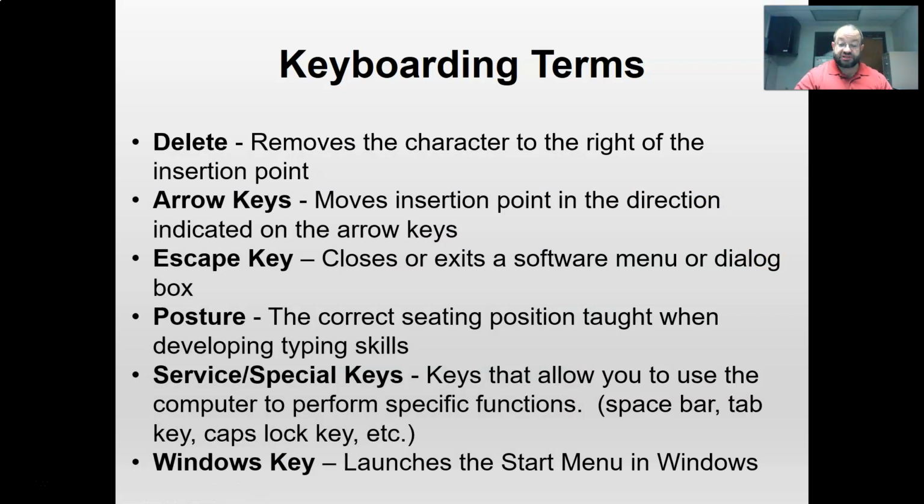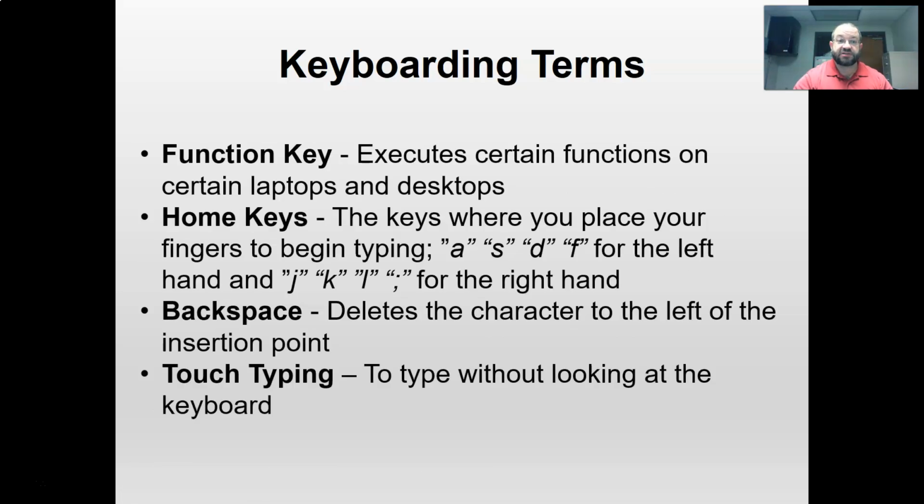And then, of course, let's see what else is on here. Keyboarding terms: we have the function key, not to be confused with the F keys at the top. For example, on my laptop I have the FN or function key in blue. Right underneath the print screen, I have a blue little antenna with some waves coming off of it. That tells me that's the Wi-Fi. If I press my function key and hit the print screen key with the little antenna on it, it would turn my computer into airplane mode.